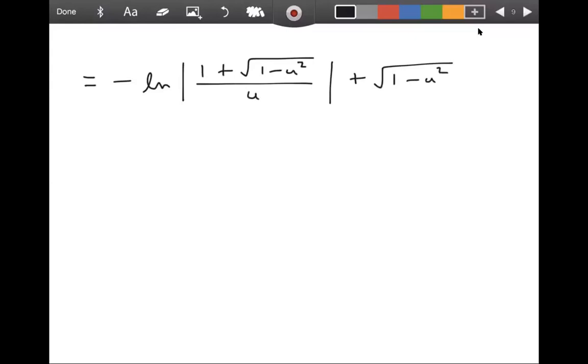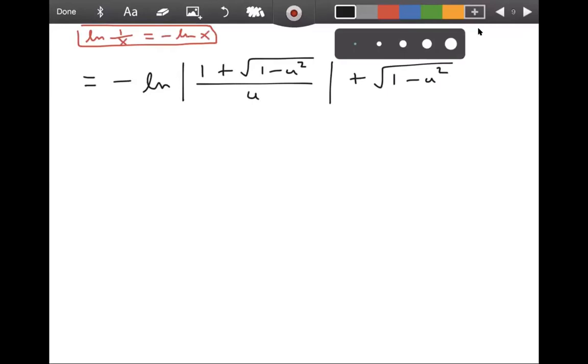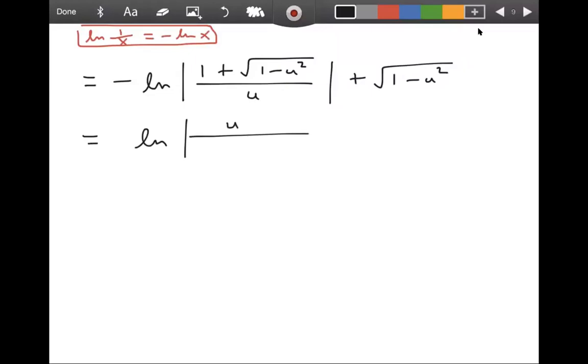And then using the property natural log 1 over x is equal to negative natural log x, if I flip that fraction over inside, then I can lose the minus sign in front. So we'll have natural log absolute value u over 1 plus square root of 1 minus u squared. I would have remembered the plus c at the end.